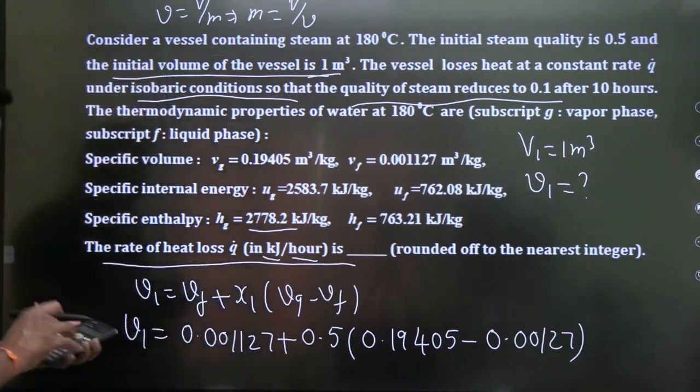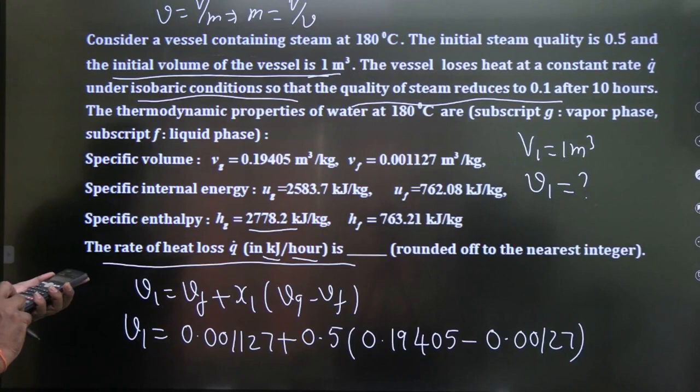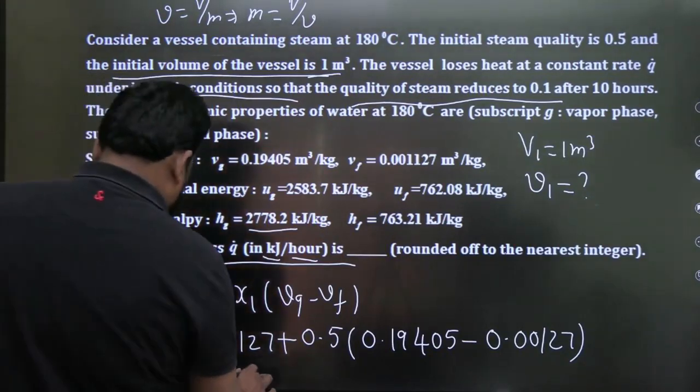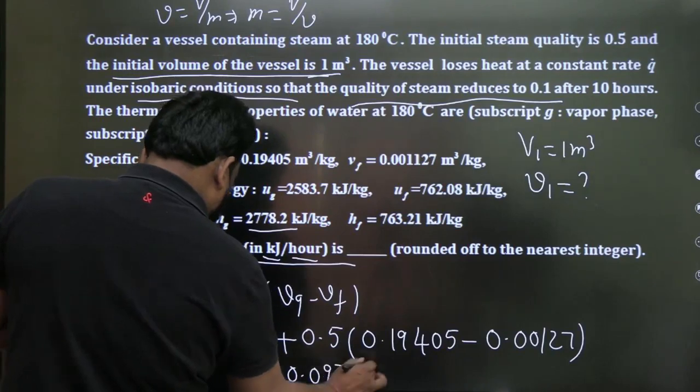Let me calculate this value. 0.19405 minus 0.00127, into 0.5, plus 0.001127. So I will get the specific volume as 0.0975.